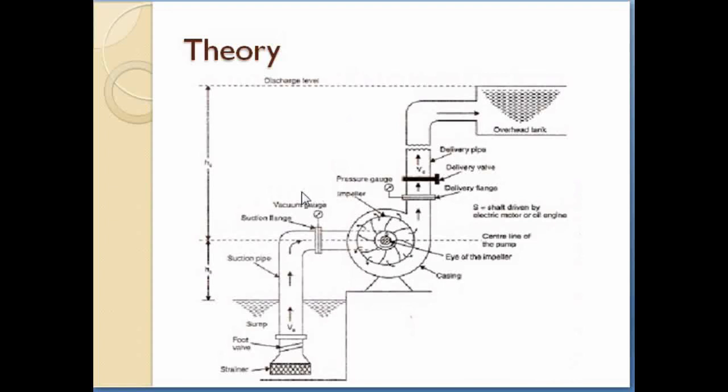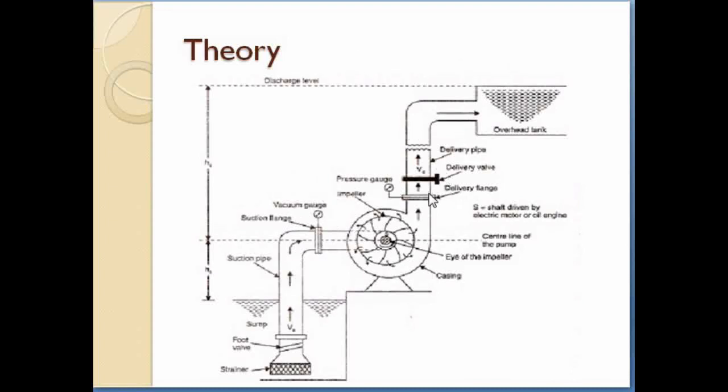To measure the pressure in the channel, we have a measuring device, that is pressure gauges. After the centrifugal pump, that is the high pressure gauge, and before the centrifugal pump, that is called the vacuum gauge or suction gauge. This is the suction pipeline and this is the delivery pipeline.